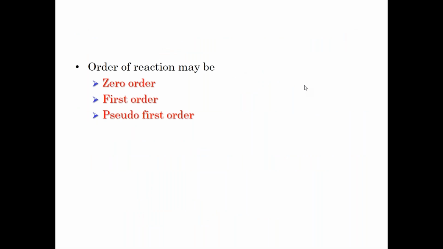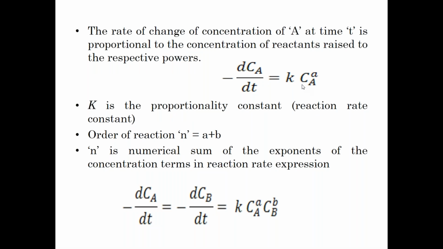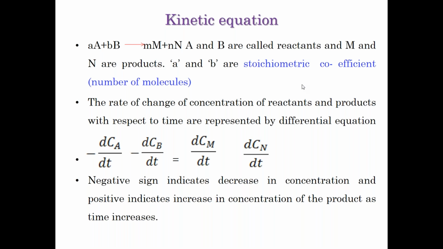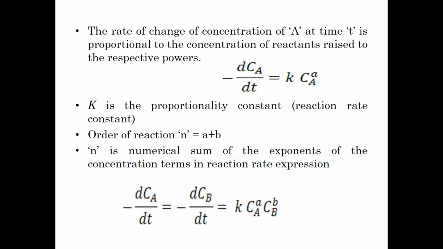So tomorrow I'll be discussing this order of reactions. That was just the introduction I gave you. What does kinetic reaction mean? The kinetic reaction is represented by the chemical equation, which I can now also call a kinetic equation.